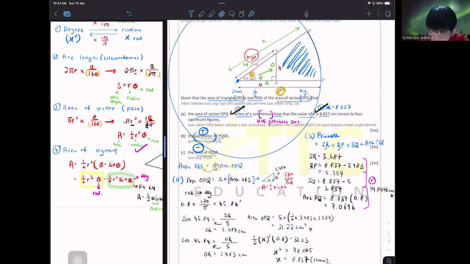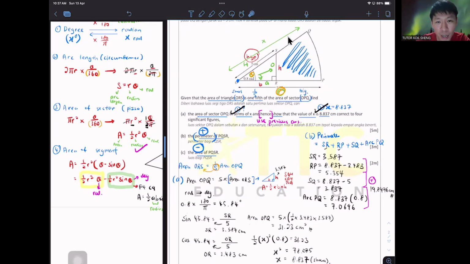We go for the whole sector, the whole piece of pizza, minus the left-hand side triangle. Again, this is not a segment. You never see this before.